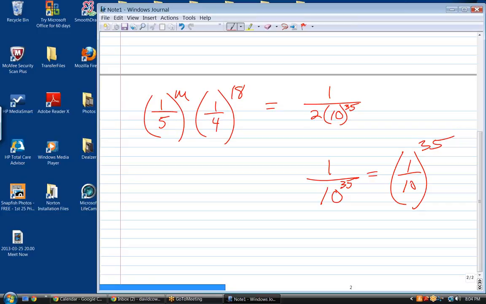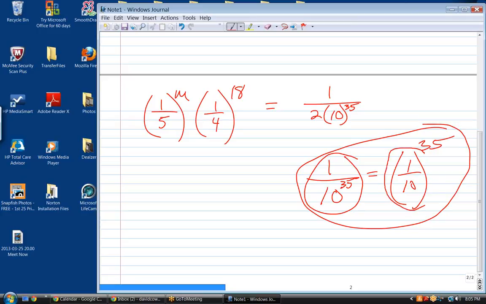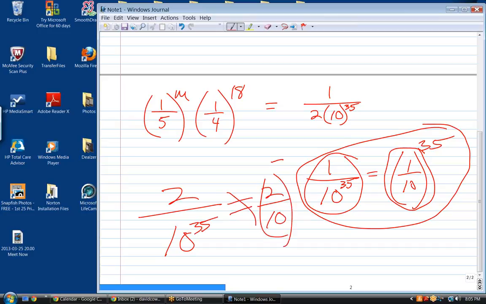As long as the numerator is a 1, then I can always turn this into this. In other words, if it was 2 over 10 to the 35th, that is not equal to 2 over 10 to the 35th. Only if it's a 1 in the numerator can I do that. It's a very special case.